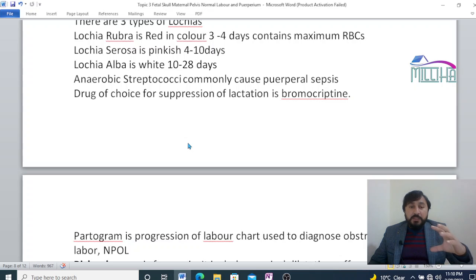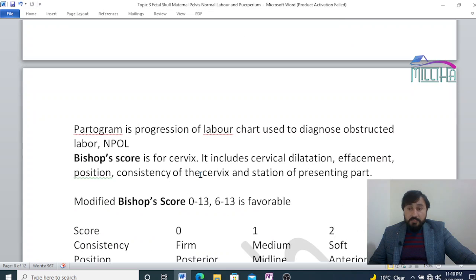Maybe the woman may have an abscess or mastitis, which is inflammation of the mammary glands. Although feeding and lactation is recommended, it depends on the decision. If they want to stop lactation, they will give bromocriptine. Okay, they will prescribe bromocriptine.